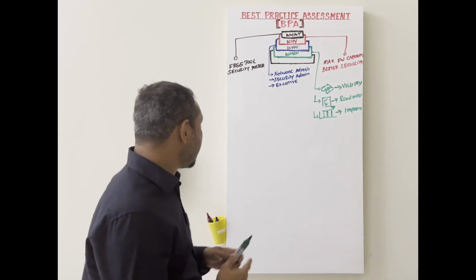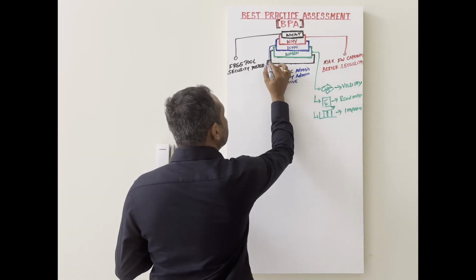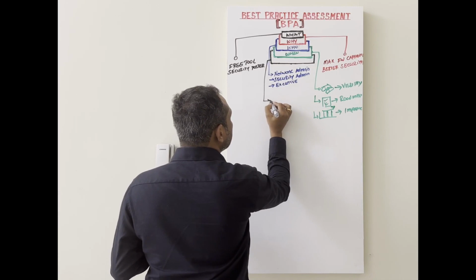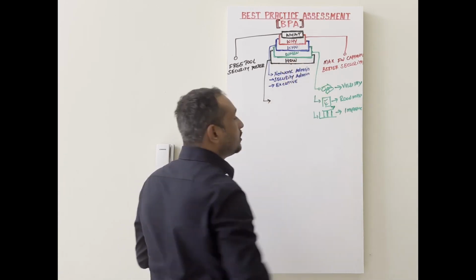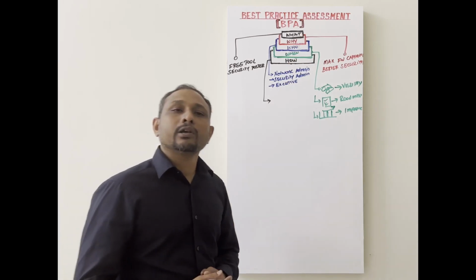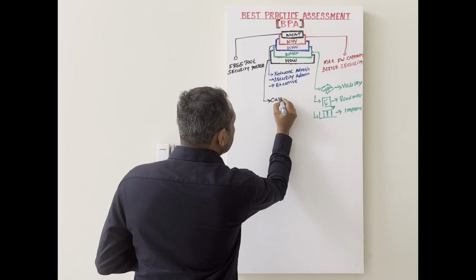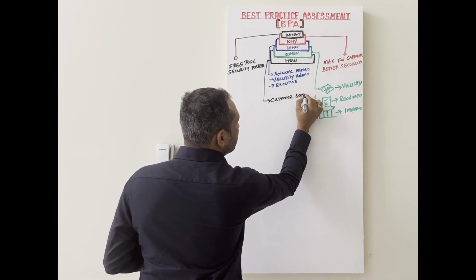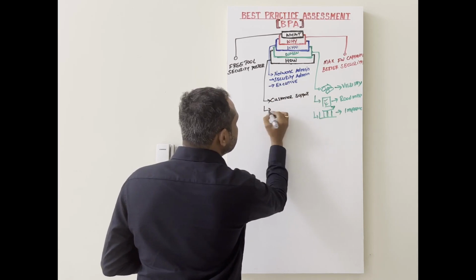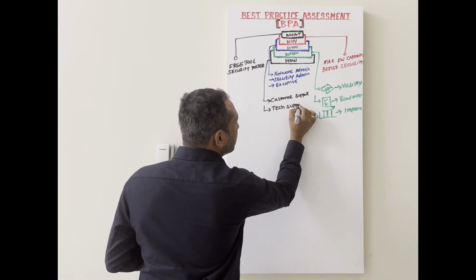Now, the last and the final is how we can run the BPA tool. To run the tool, we require two things. One is customer support portal access and tech support file.